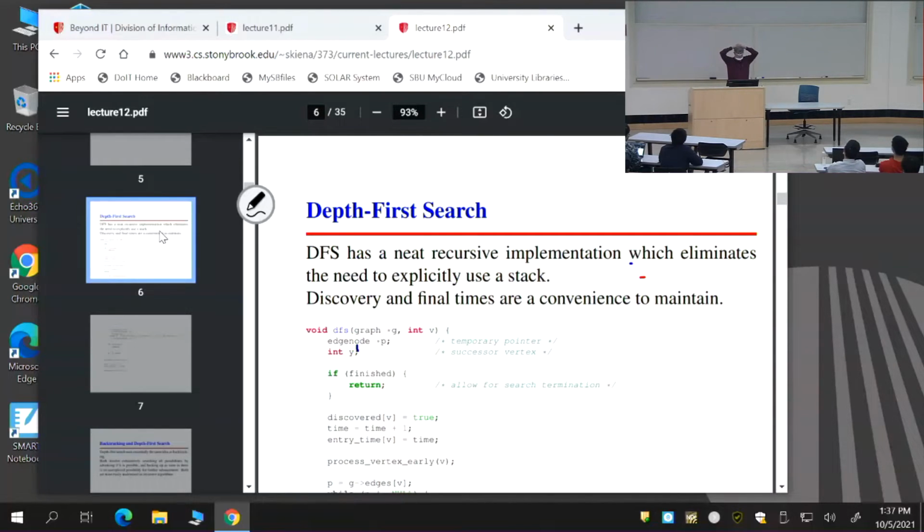Depth-first search does the same thing except replacing the queue with a stack. Remember, stacks had the property that they were last in, first out. Queues had the property that they were first in, first out. So in a BFS, you start from a node, wander around, and slowly grow out in that network. That's what a breadth-first search is going to look like, right?